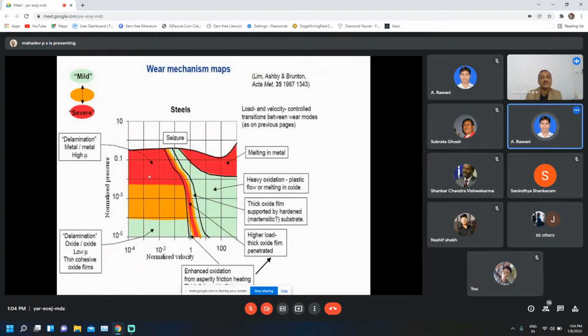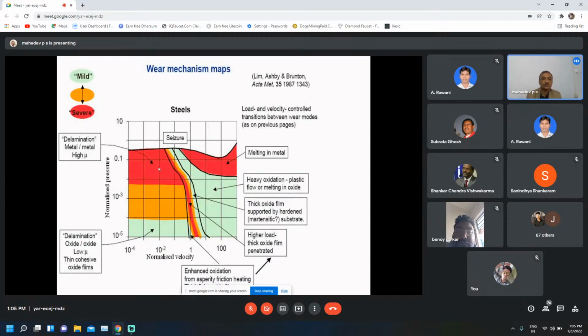So these are the wear mechanism maps. These are the wear mechanism maps drawn after the wear testing is done, after the calculation is done, after the dominant wear mechanisms operating at various wear parameters are studied, after studying the wear debris, after studying the SEM, after drawing the graphs.